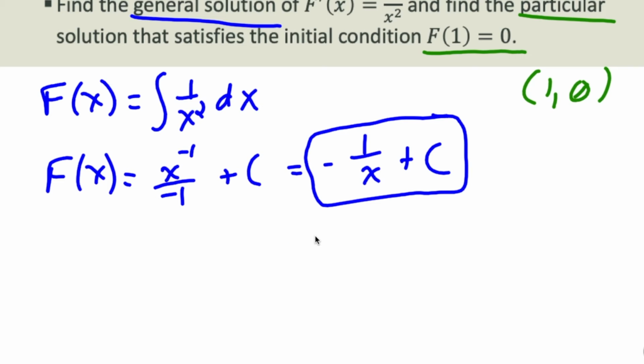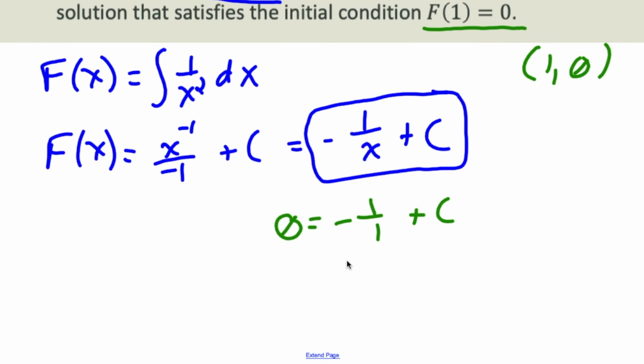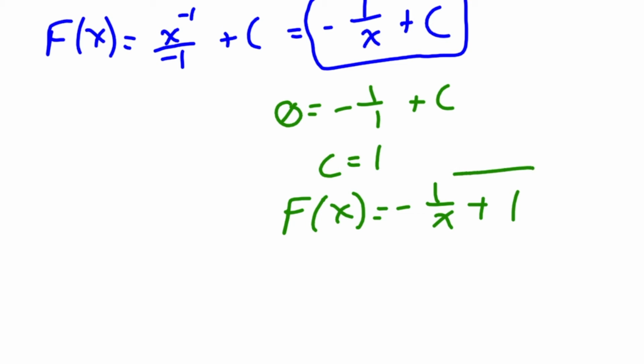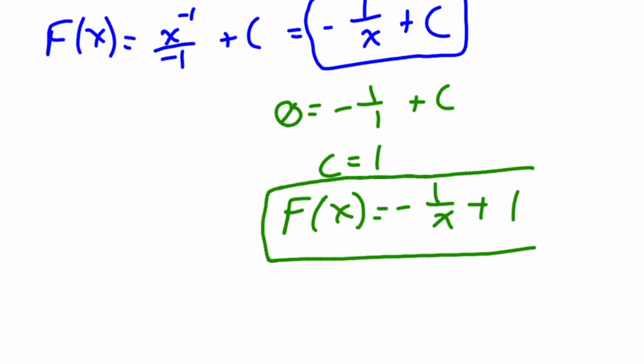So y is 0 equals negative 1 over x, which is 1, plus c. Simplify this and we get that c is equal to 1. So what that means is that our particular solution is capital F of x is equal to negative 1 over x plus 1. And that is the second part there where it asks for the particular solution.